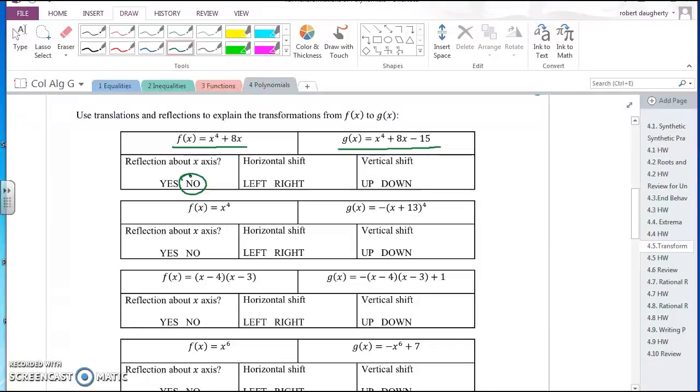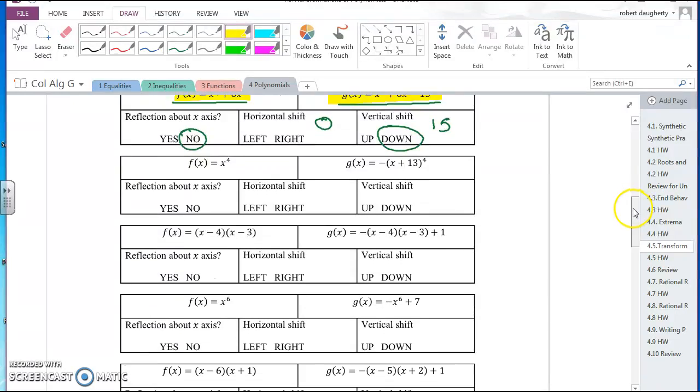Well, if it moved horizontally, instead of x to the fourth, I would see x minus 2 to the fourth or x plus 2 to the fourth. So there is a 0 shift horizontally. It looks like the only thing that happened to this graph is it was moved down by 15. So that's the translation that takes us from x to the fourth plus 8x to x to the fourth plus 8x minus 15.